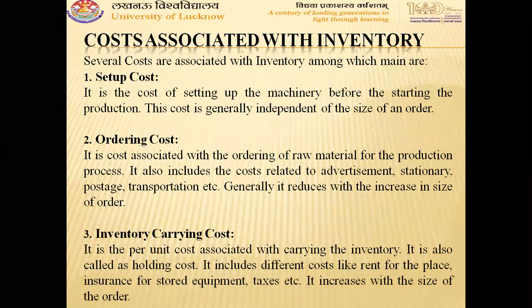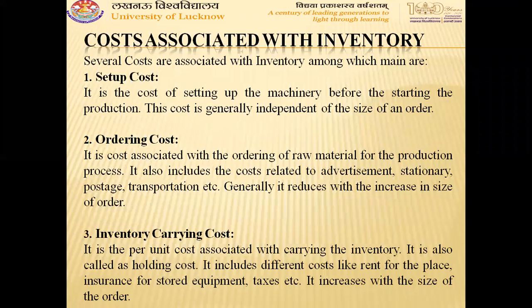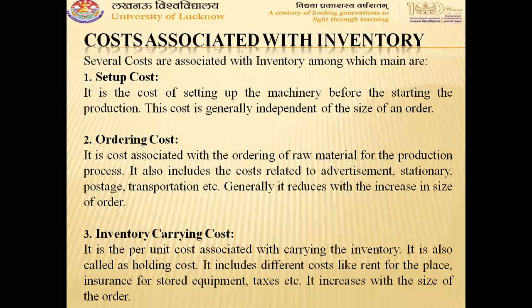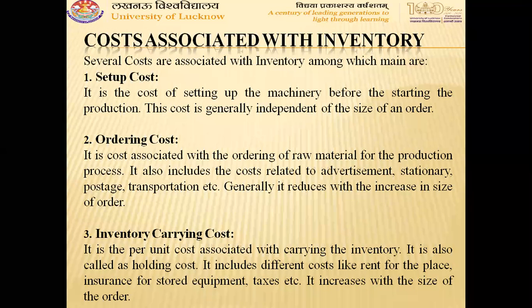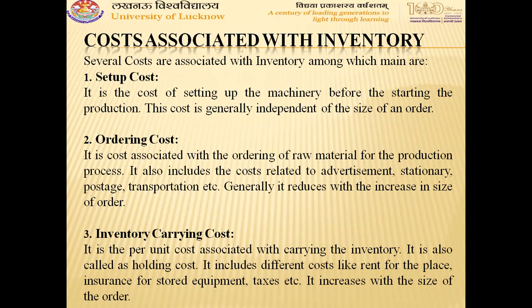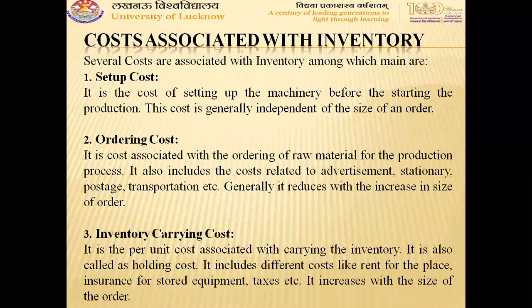When you place an order and the product should be manufactured in some factory, then for starting the processing he needs some money. That money is called setup cost. This cost is generally independent of the size of an order. That is, it does not depend upon the size of the order. It is an independent charge and always occurs when an order is placed.